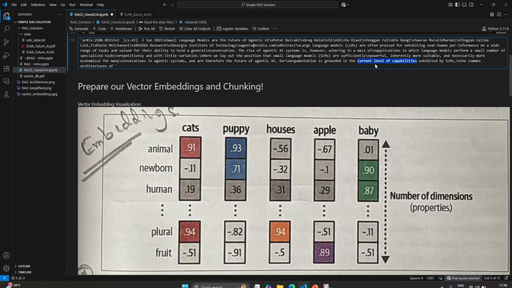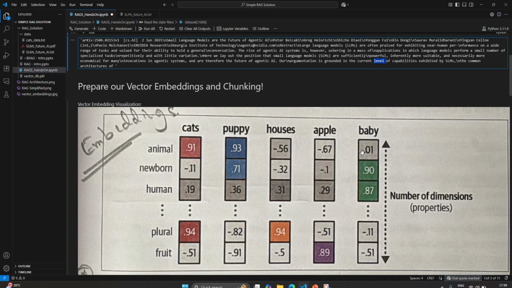Similarly, levels against different floors and things like that. So this whole document is going to get chunked, then put into a big numerical representation against properties. This is very important because it helps the machine understand the context of the incoming word against the provided input query.